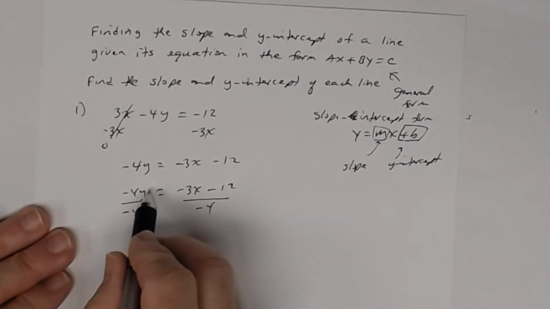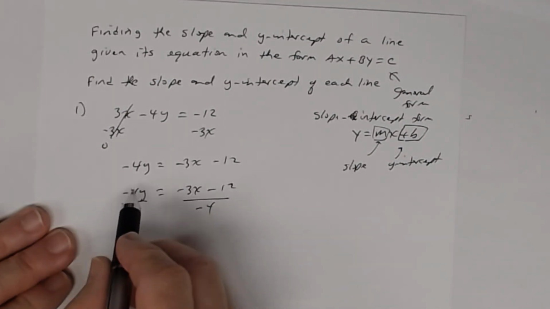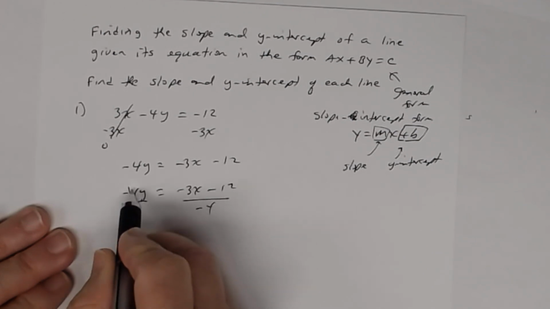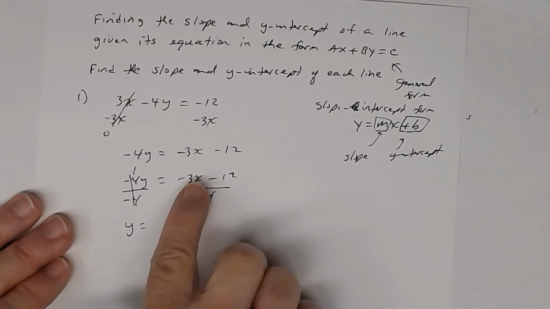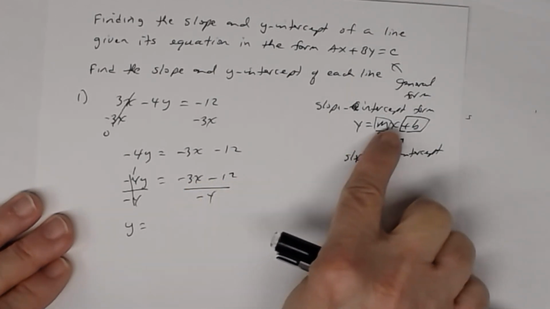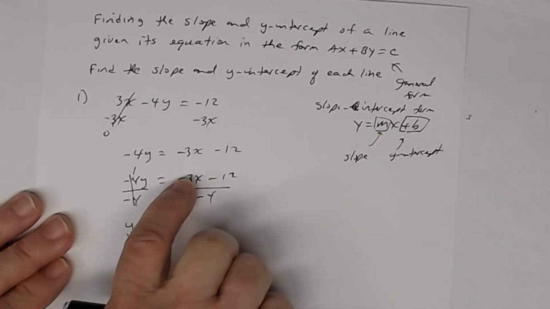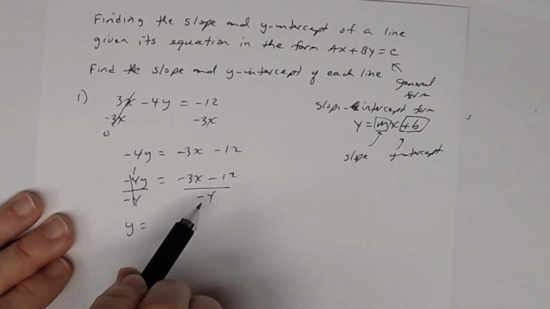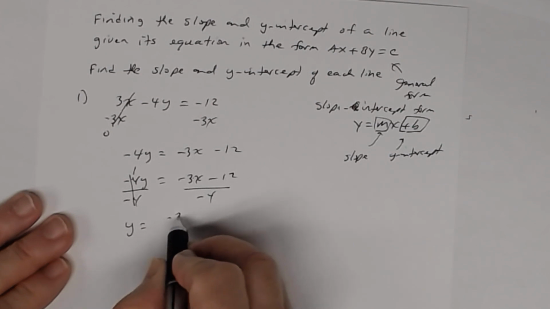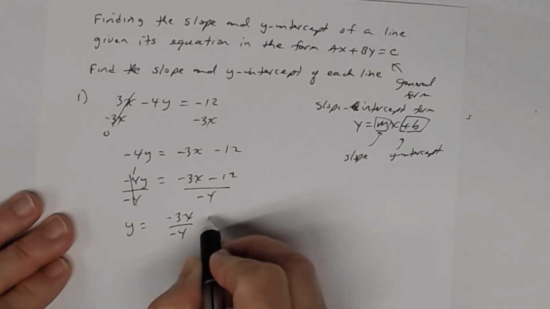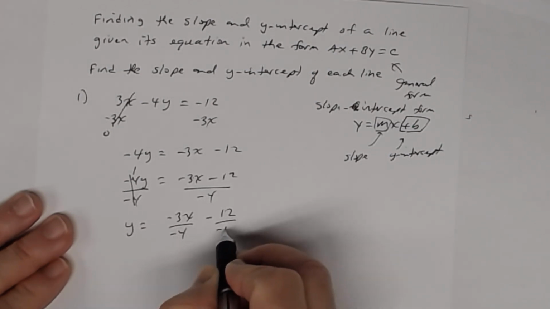Now let's simplify the left-hand side. Negative 4 divided by negative 4 is 1. 1 times y is y, equal. Now on this side, to make it look like mx plus b, you rewrite each term in the numerator and divide it by what you see in the denominator. So this becomes negative 3x divided by negative 4 minus 12 divided by negative 4.